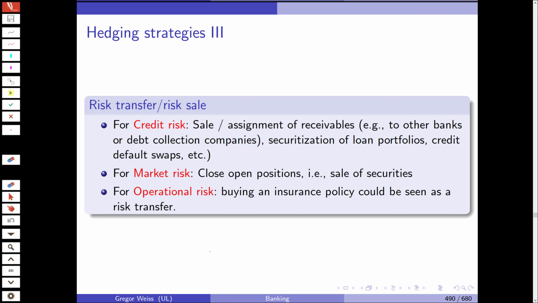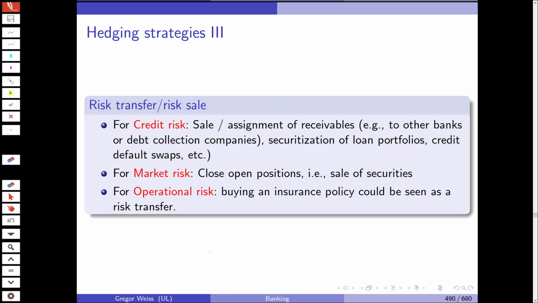Why? If you want to sell a loan or assign it to someone else, in German, die Forderungsabtretung, der Verkauf von Forderungen, this can be tricky sometimes, legally speaking. Why? Because you need to find someone who's willing to buy this particular loan.